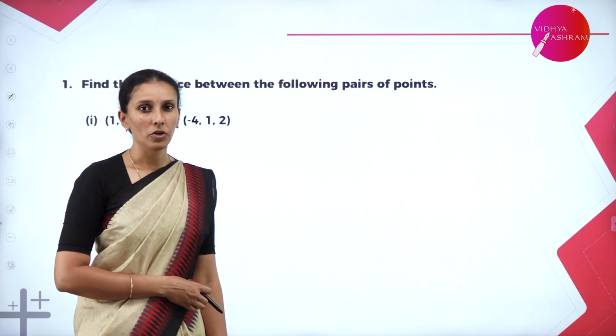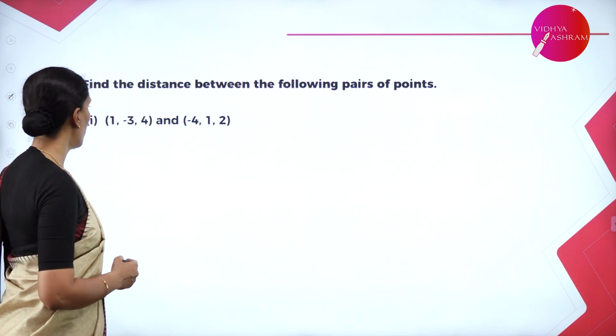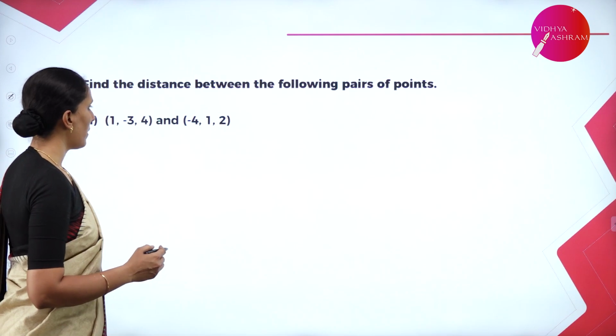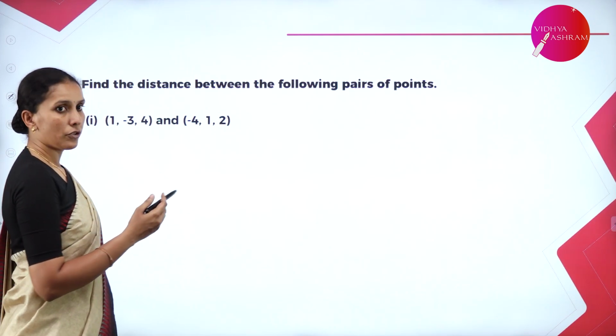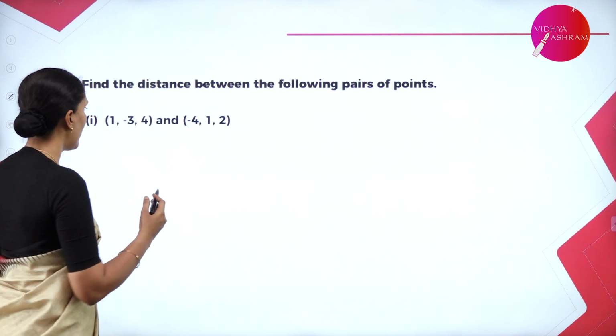So we'll take problems on the distance formula. Find the distance between the following pairs of points: 1, minus 3, 4 and minus 4, 1, 2. We need to take the difference of the corresponding coordinates under the square root.